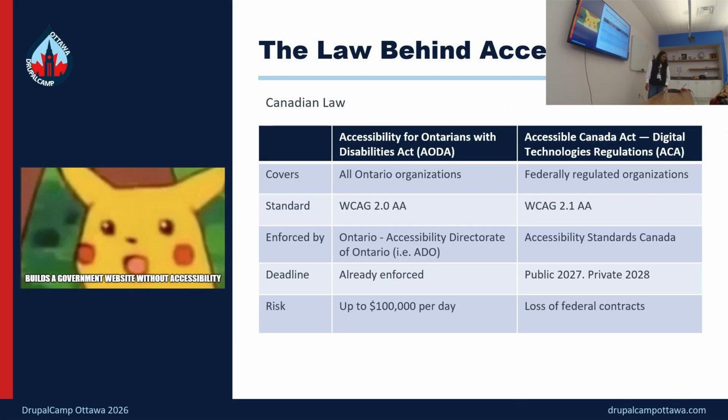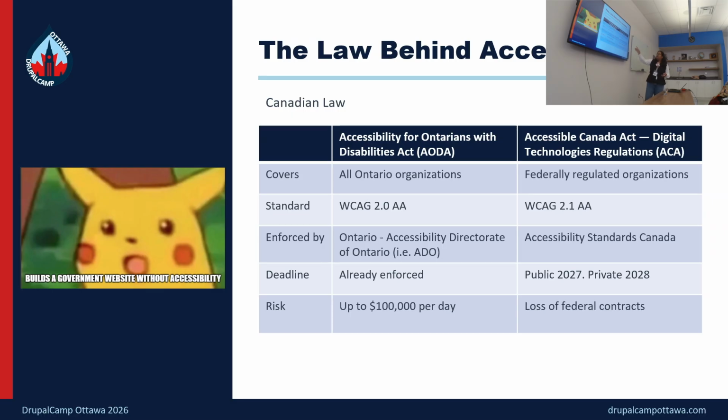Okay, moving on to the next slide, that is the law behind accessibility. We'll have a quick overview of Canadian law and US law. First is AODA, which covers all Ontario organizations. Its standard is WCAG 2.0 AA, enforced by ADO. The deadline has already been enforced, and the risk is up to $100,000 per day.